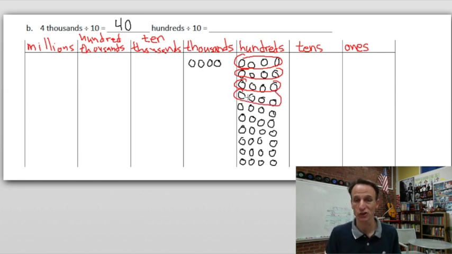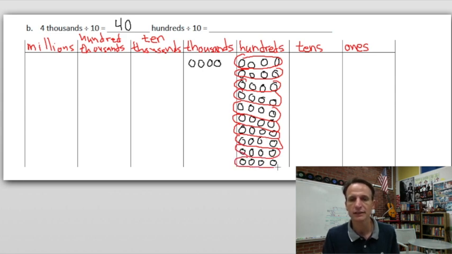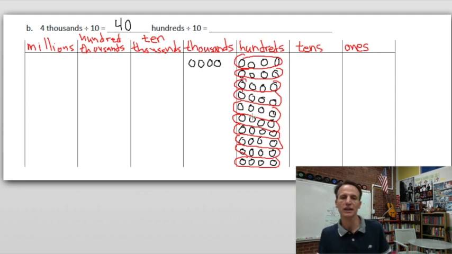You see why you have to draw? Kind of take your time and draw carefully here. 5, 6, 7, 8, 9, and yes, 10. So now I've divided it by 10. I've put them in 10 equal groups.